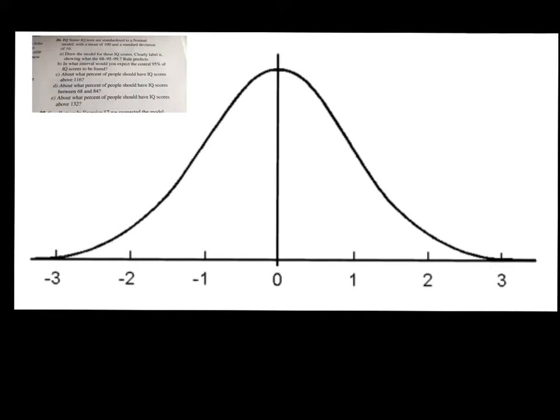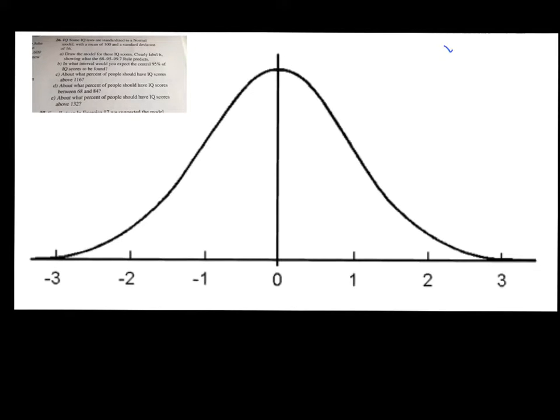So what that means is basically you're going to draw a standard normal curve like I have here, but instead of putting on the standard normal curve where we have 0, 1, 2, and 3, and -1, -2, -3 representing the standard deviations, I'm actually putting the number for the IQ scores. So our mean, it says, is 100.